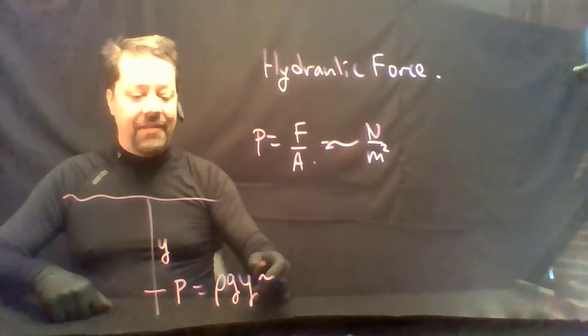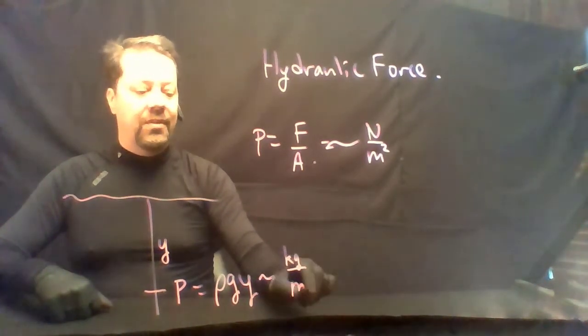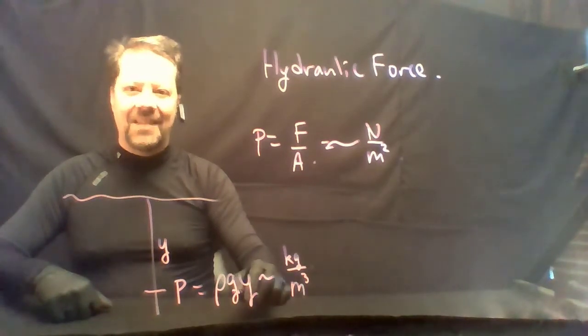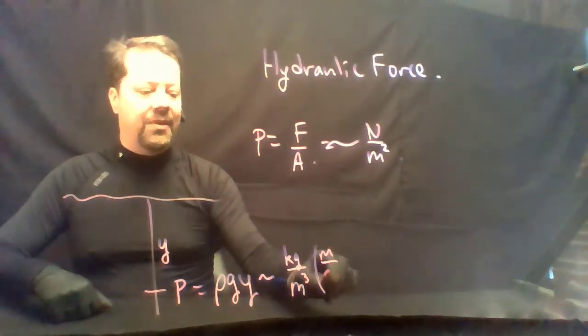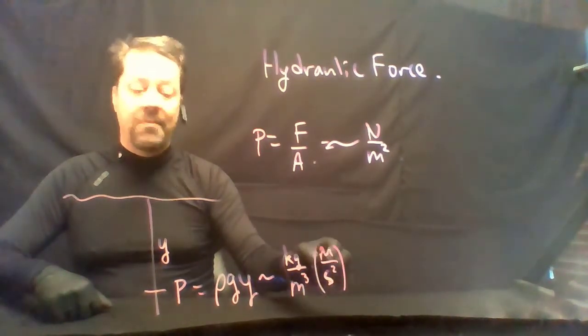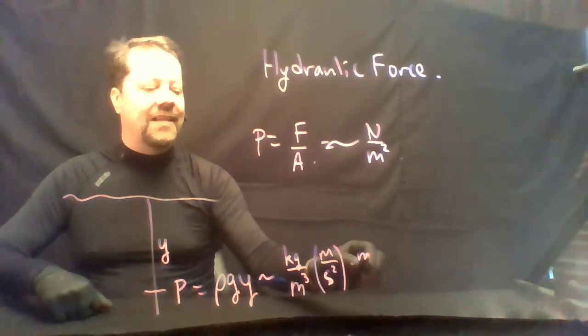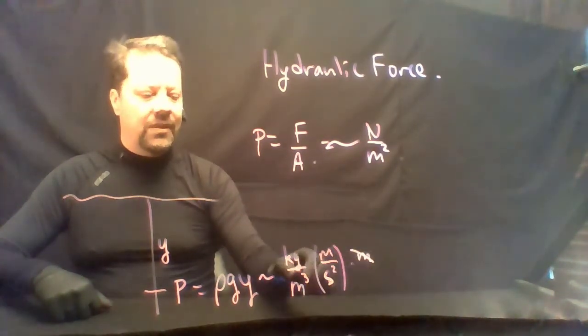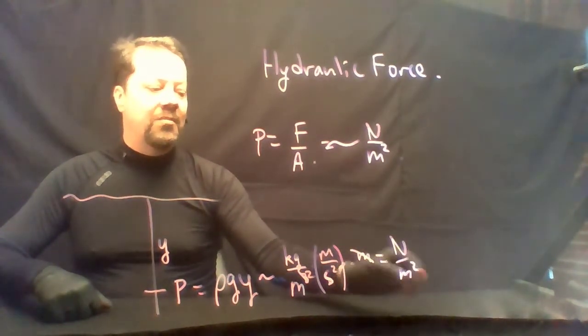So what you have here is kilograms per cubic meter times the acceleration, which is given in meters per second squared. Notice kilograms times meters per second squared are newtons. And we're multiplying that times meters. We'll cancel one meter off and get newtons per square meter.